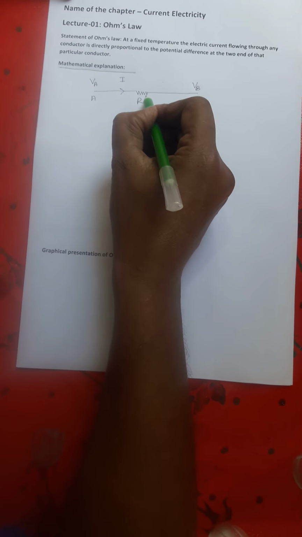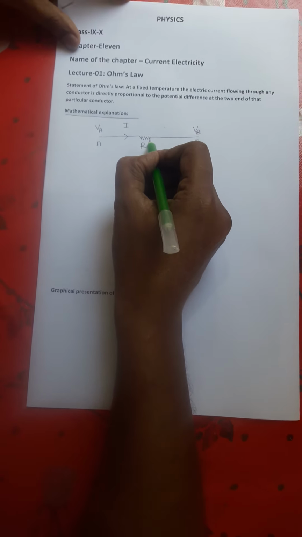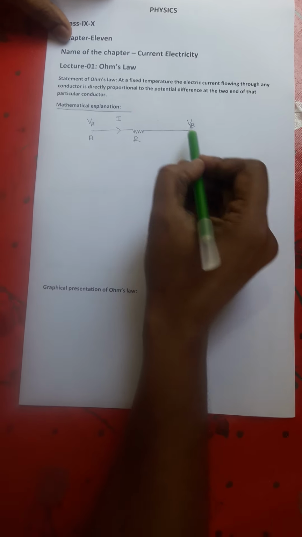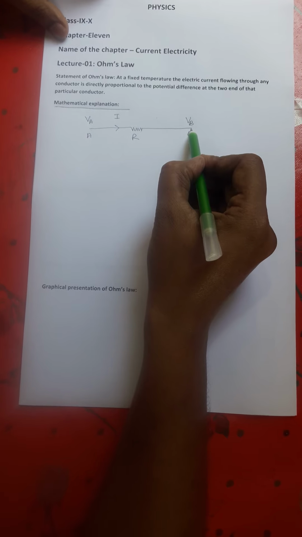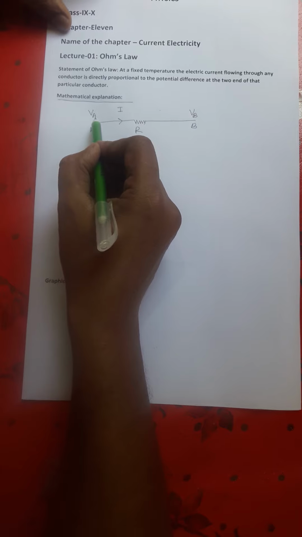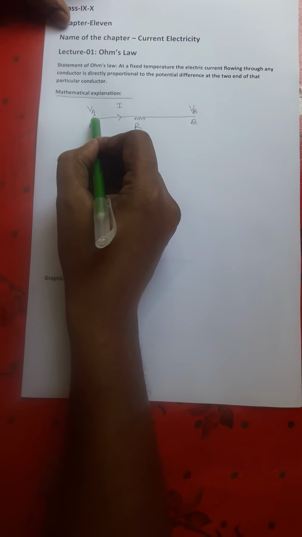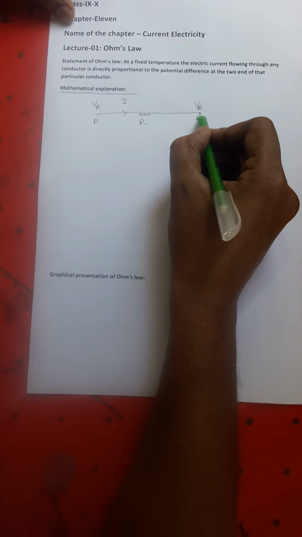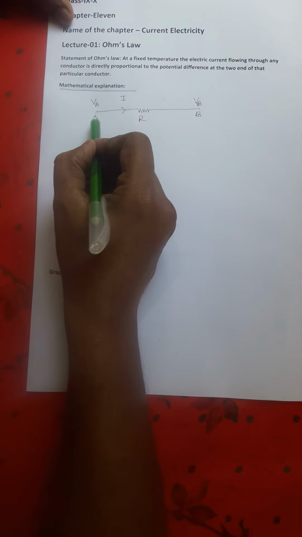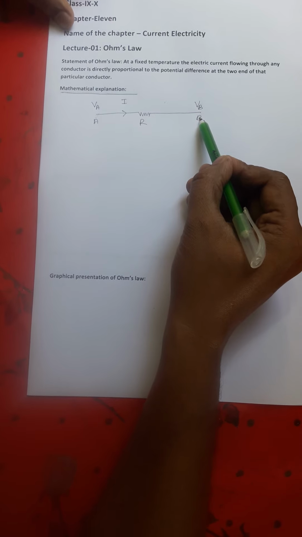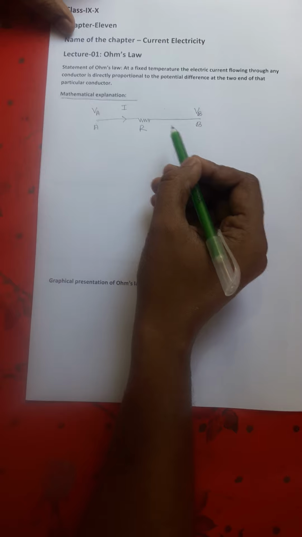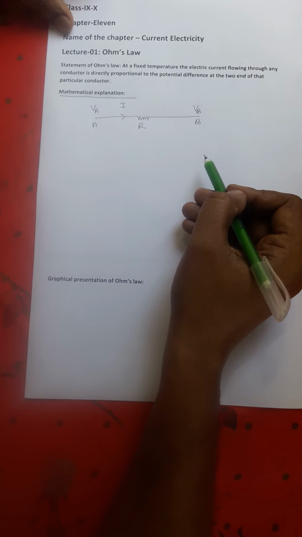This resistance R is connected at two points, one is point A and another is point B. Let the electric potential or voltage at point A be VA and the voltage at point B be VB, and electricity flows from point A to point B inside the resistance R, say R is an electric instrument or device.